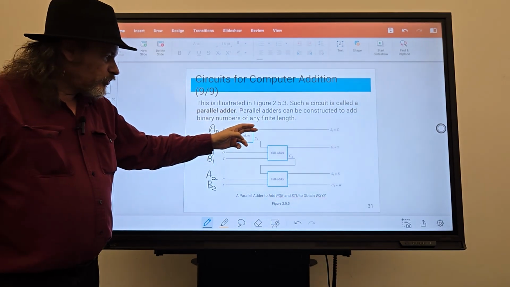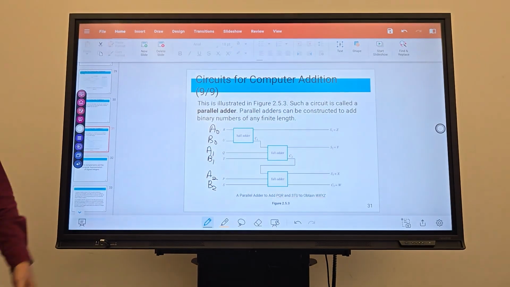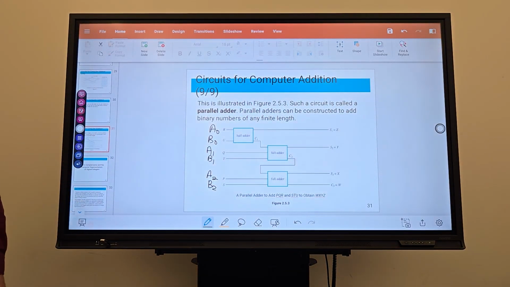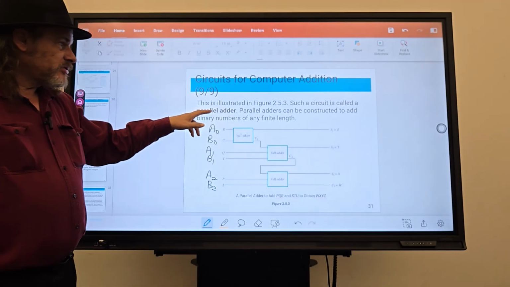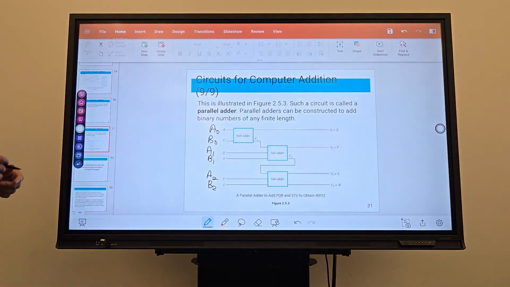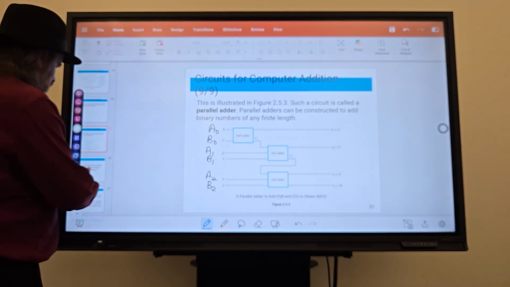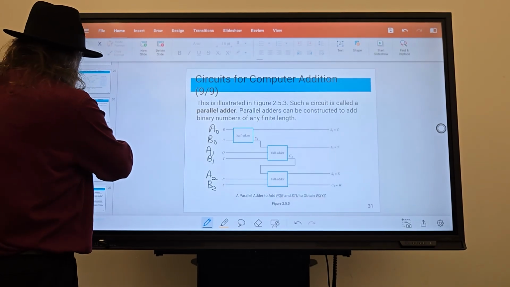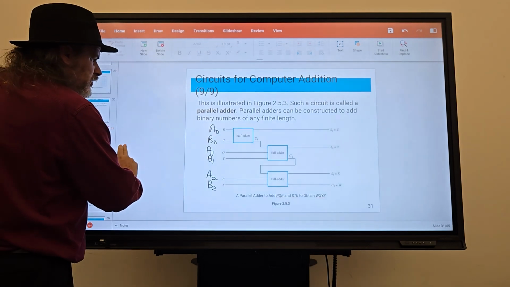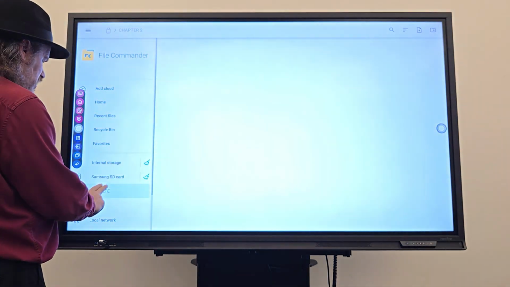The results ripple down the line, and you can string these together, 64 bits wide, whatever. I've never personally ever heard of it called a parallel adder, but I didn't write the book. But anyway, come on, you're doing it again?